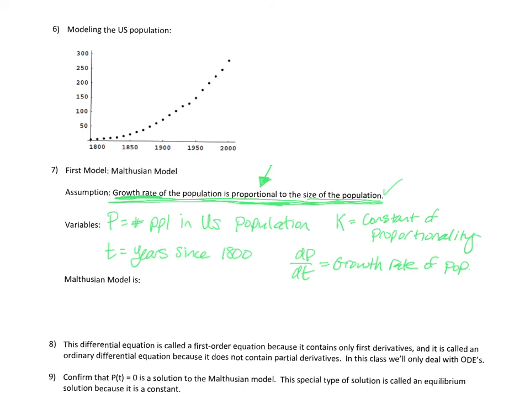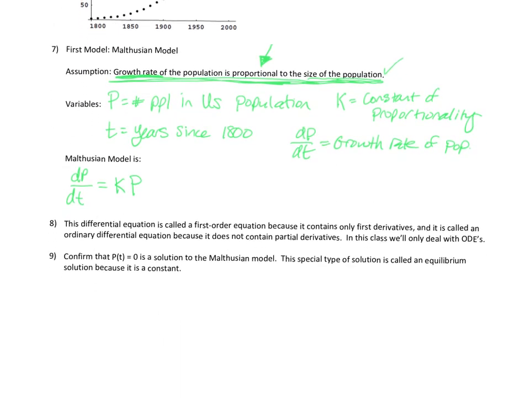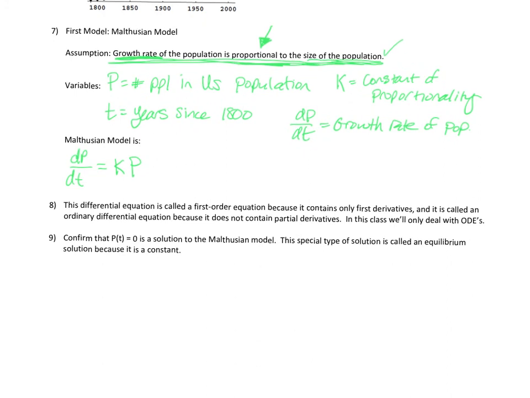Okay, so the Malthusian model, it says that the growth rate of the population, which is dP/dt, equals proportional to the size of the population. So that means a constant times the size of the population. dP/dt equals k times P. So this differential equation, the Malthusian model for population growth, it's called a first-order differential equation because it contains only first derivatives.